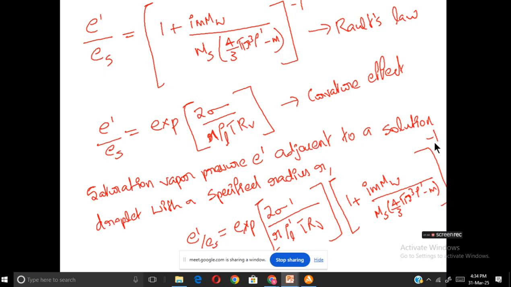So this is the saturation vapor pressure adjacent to a solution droplet having a specified radius r. We have combined both curvature and the Raoult effect. Okay, I think it is clear.